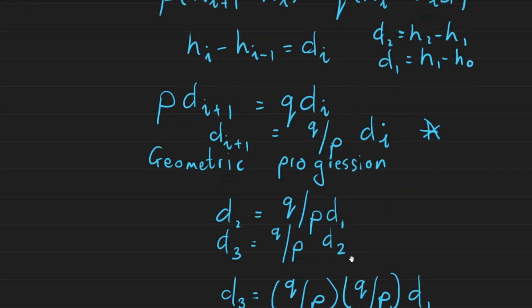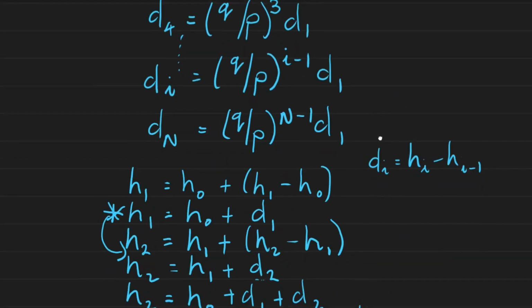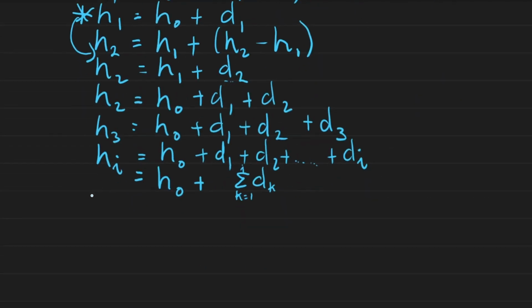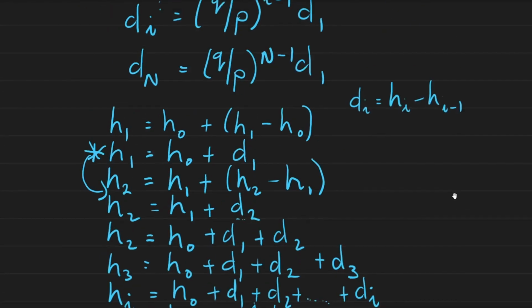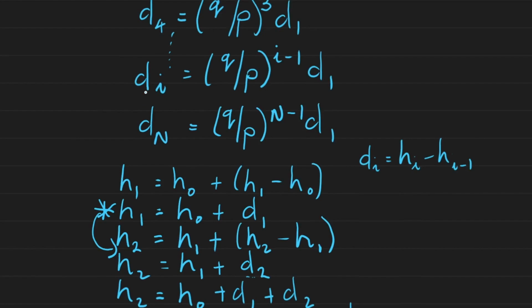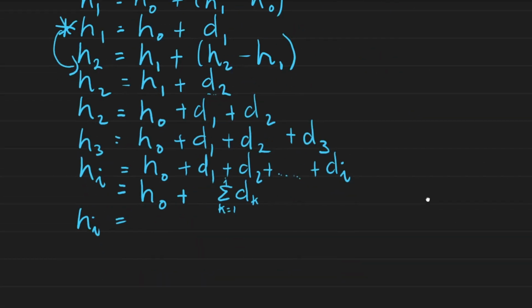So we go all the way back down and we substitute that. We can say that hi is equal to, well, this h0 is equal to 0, so we have this sum of dk. But we saw here that dk, or di, whatever, was equal to q over p to the i minus 1 times d1. So we can just substitute that in. So we get this d1 appearing there. Then we have this sum of q over p.